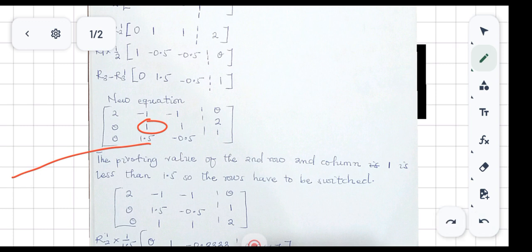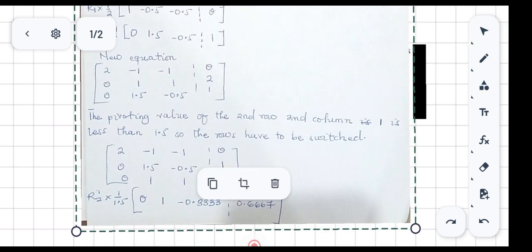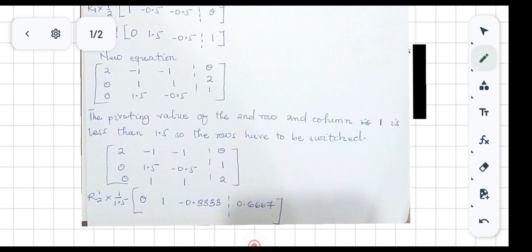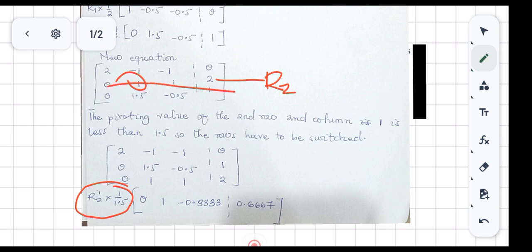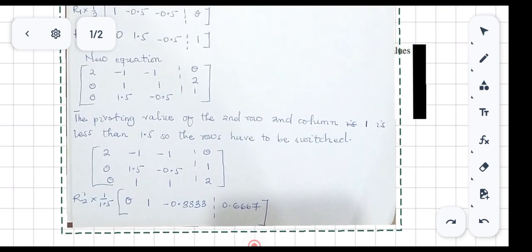Okay, so when you do that, you can only achieve that by multiplying row 2 by 1 over 1.5. So you divide 1 by 1.5, then you multiply it by row 2, right? So when you do that, you are going to get this equation.